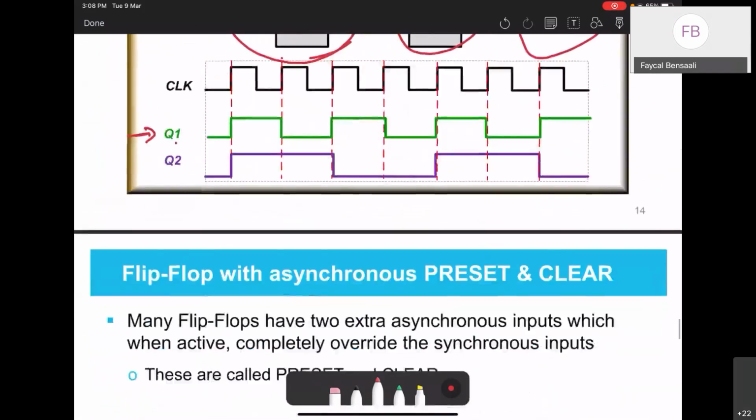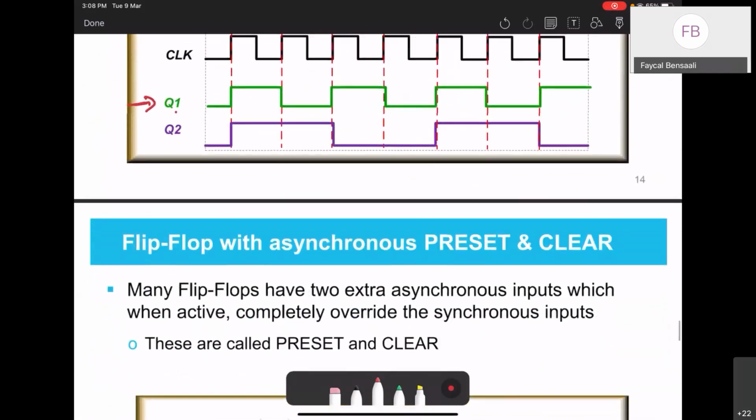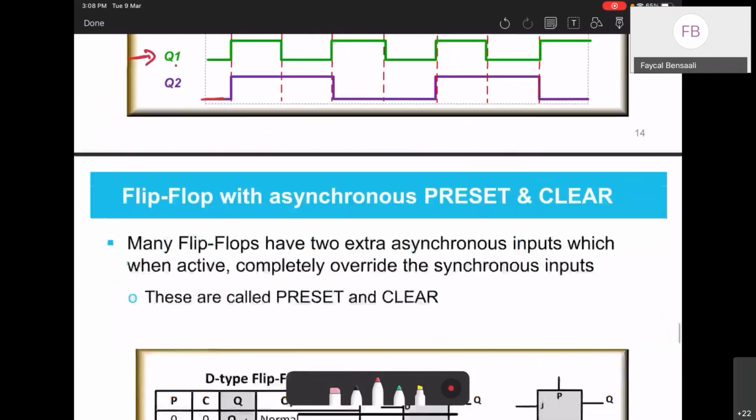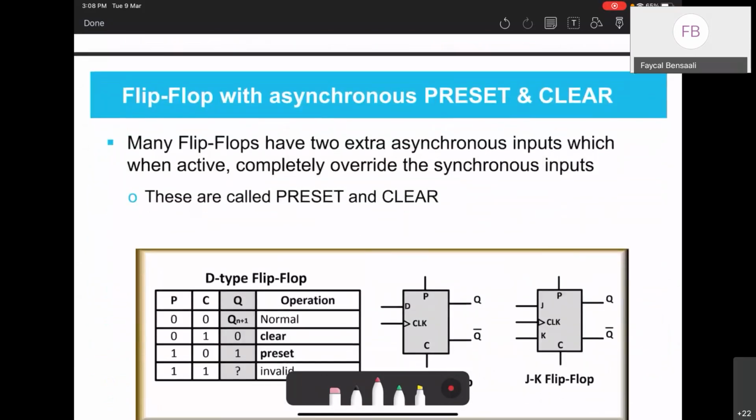In all the examples that I did, I said, okay, assume that Q starts with 0 and Q bar starts with 1, and so on. You will see that most flip-flops have extra inputs which we use to set or reset the outputs when we start.